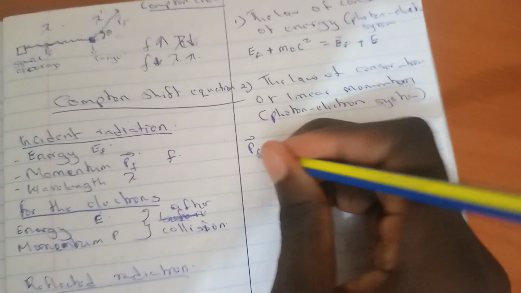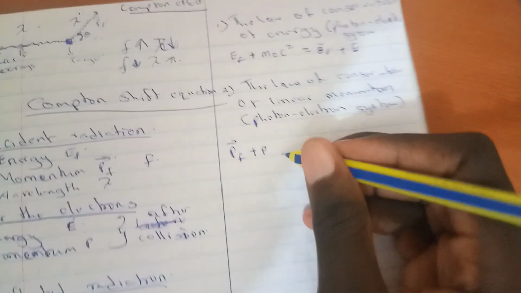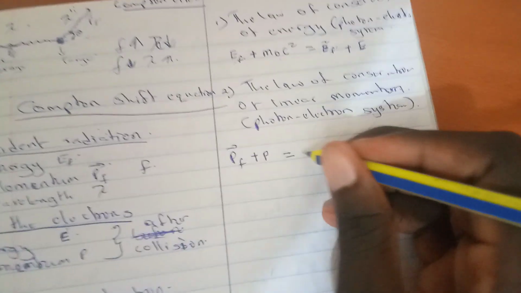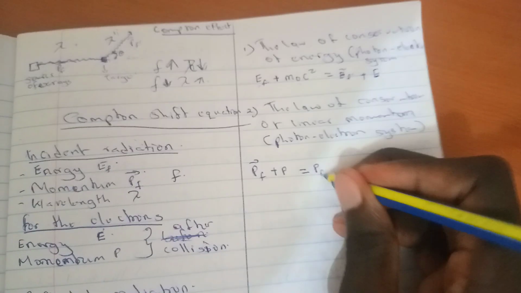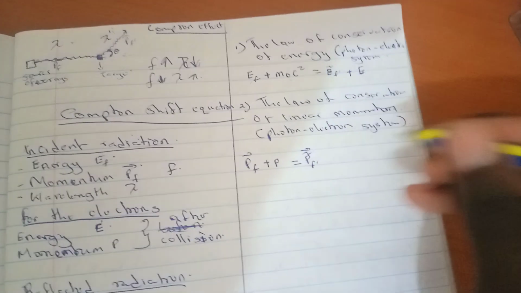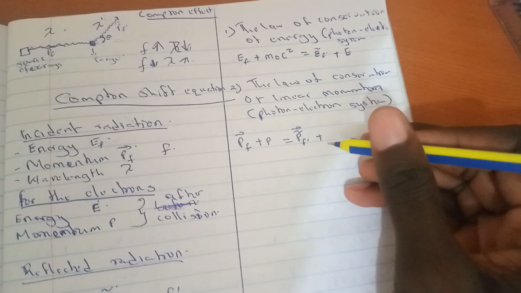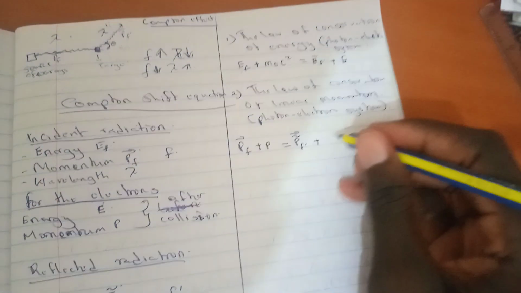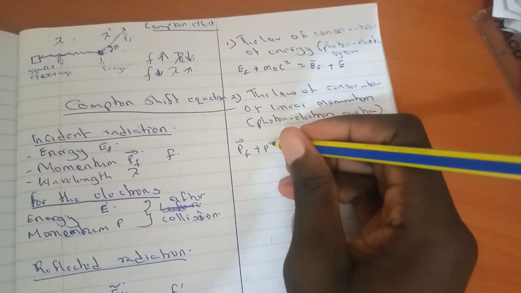So momentum before collision was P sub F, plus momentum of electron before collision, P, should give you the momentum of photon after collision, P_F prime, plus the momentum of electron after collision. Let's call this one P prime.